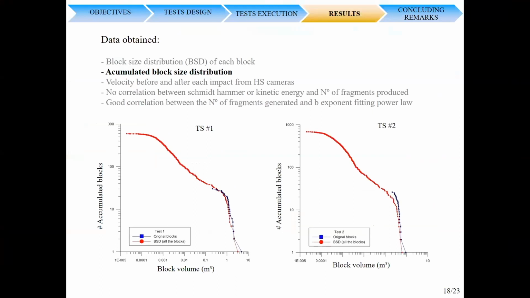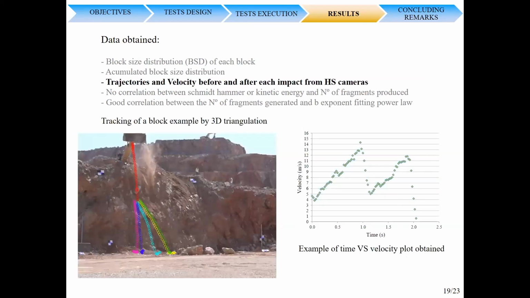With the data obtained, we were able to study the accumulated block size distribution. These are some of the results that we got after the tests with a lot of post-processing and analysis. This kind of curve is very interesting in simulation in order to introduce realistic behaviors in the propagation and in the fragmentation.